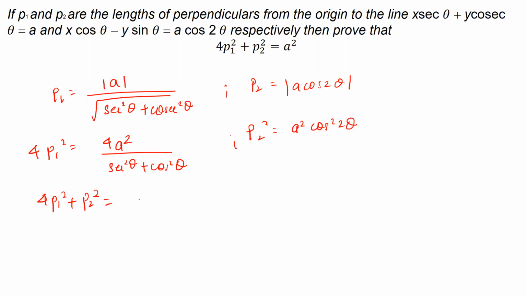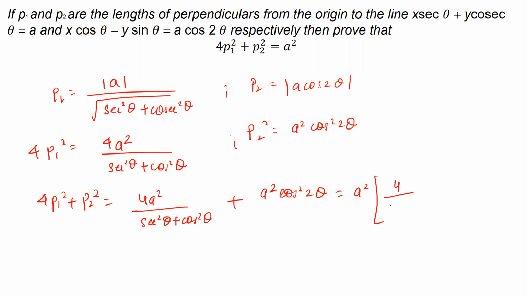So putting down values, 4 a squared by sec squared theta plus cosec squared theta plus a squared cos squared 2 theta. So we can take a squared common. So what we have is 4 divided by sec squared theta plus cosec squared theta. I'm sorry, it was cosec.